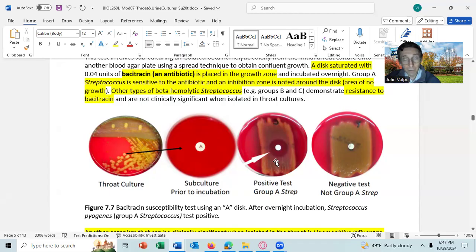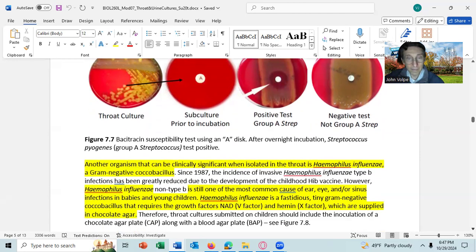If the bacteria are sensitive to bacitracin, then it's a positive test, and this is Streptococcus pyogenes, which is also called group A strep. If the bacteria are negative for the bacitracin test, then it is not Streptococcus pyogenes. You can be negative showing no zone of inhibition or a zone of inhibition less than a certain size here, which I think I've got in the lab.